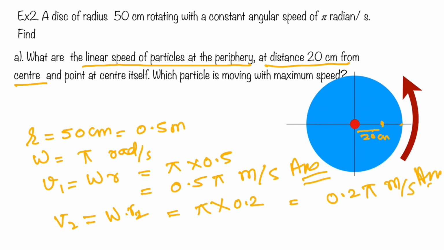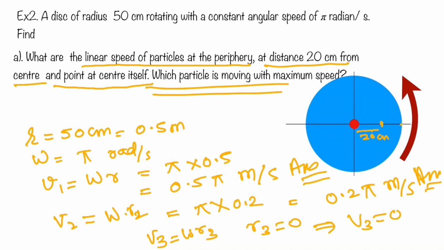So this is the answer for the second part. Now the third part of this question is, what is the linear speed of the point at the center itself? The center exists at the axis of rotation, so the radial distance of this point from the axis of rotation is 0. So the velocity of this point, v3, is omega r3, and here r3 is equal to 0. So this gives you v3 equal to 0.